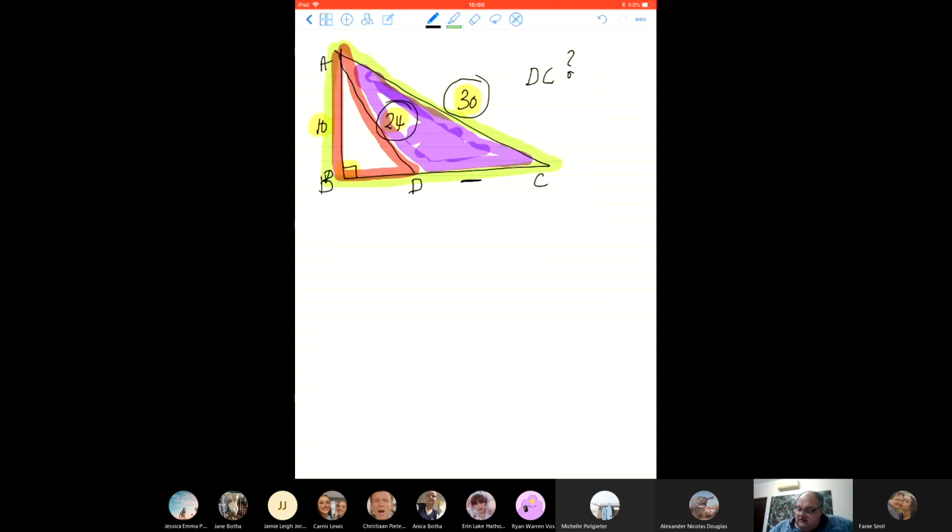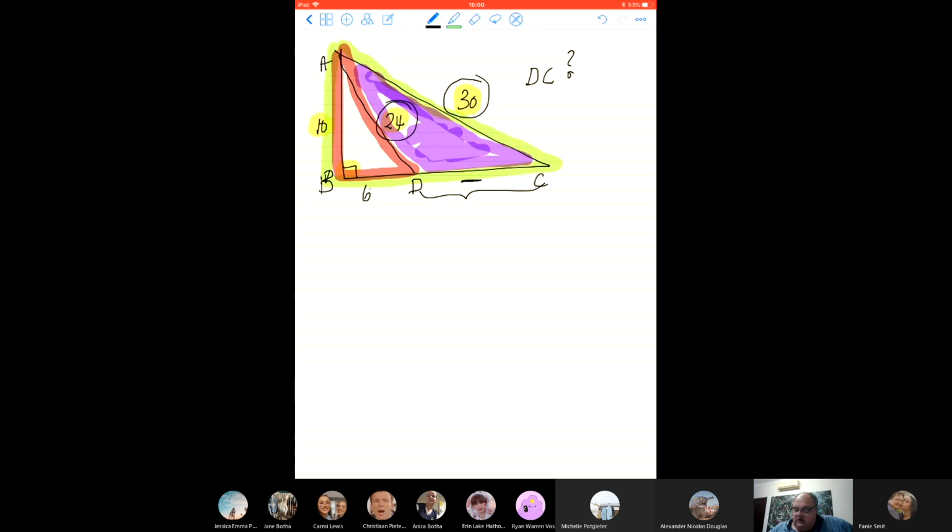Okay, I forgot to give you something else here. Let's make this 6 meters over here. So I need to figure out how I am going to get DC. I cannot use the purple triangle because it's not a right angle triangle, so I can't use the 30 and the 24. But I can use the red triangle and I can use the yellow triangle. So now you have to form a strategy.